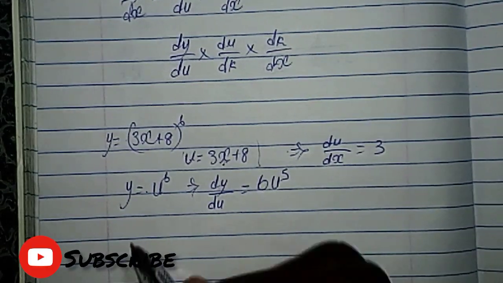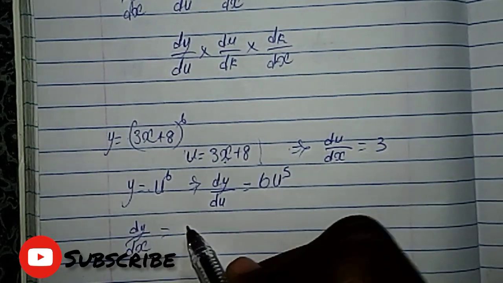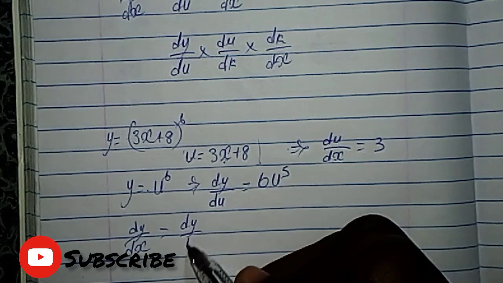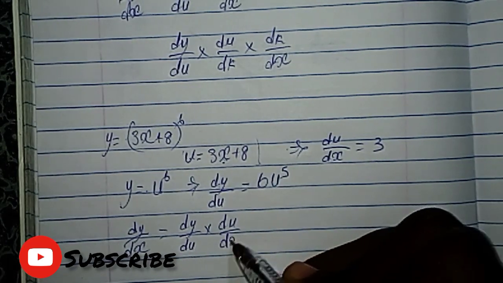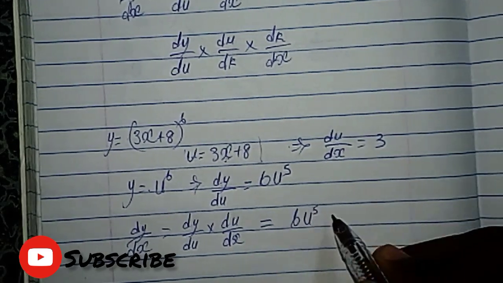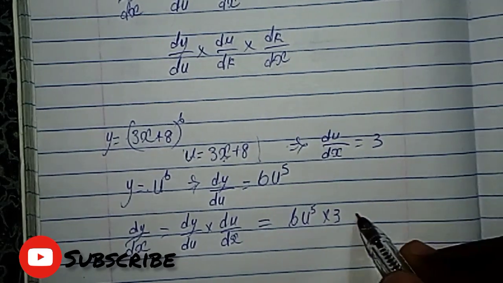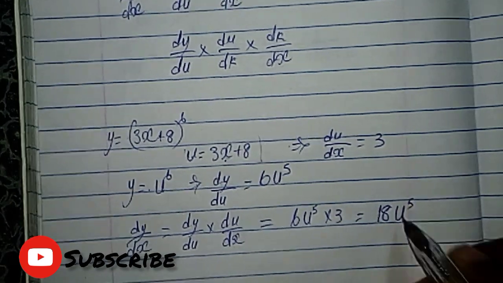Now to have our dy/dx, we would have to multiply dy/du and du/dx, and that would be 6u raised to the power of 5 times 3, which is equal to 18u raised to the power of 5.